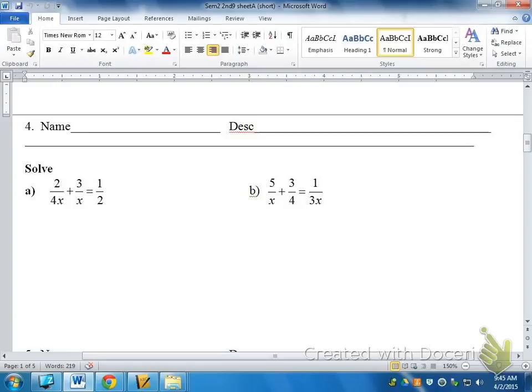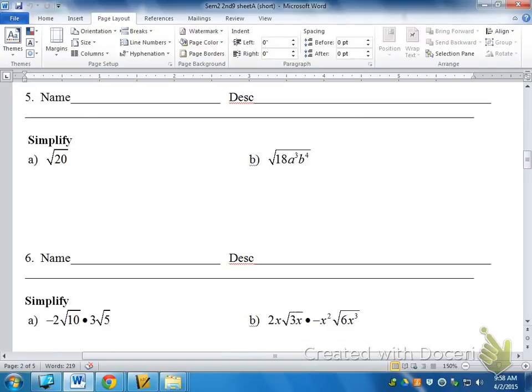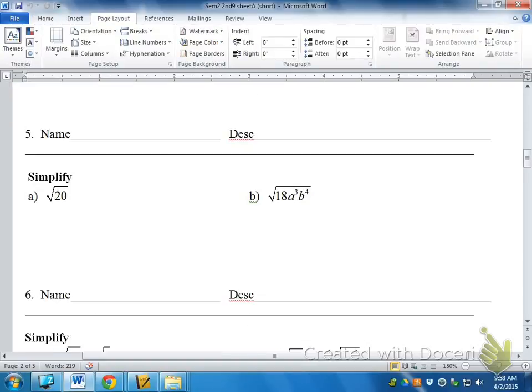All right. So, number 5. Number 5 says simplify the square root of 20 for 5a. So this is simplifying a radical expression.